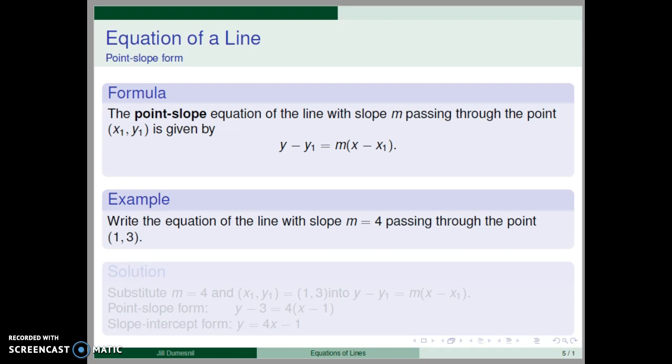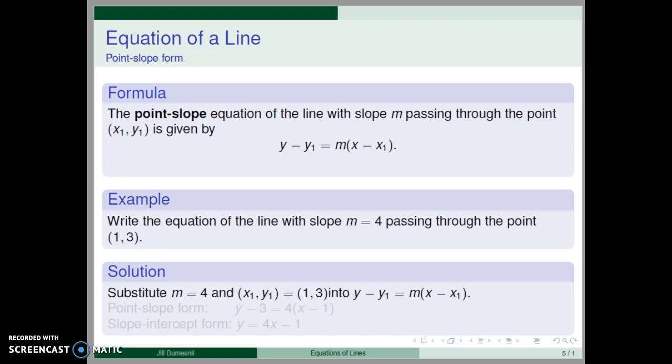For example, let's write the equation of the line with slope m equals 4 passing through the point 1, 3. For our solution, we will substitute m equals 4 and the given point x1, y1 equals 1, 3 into the point-slope equation y minus y1 equals m times the quantity x minus x1.